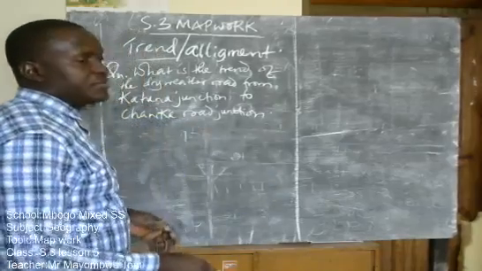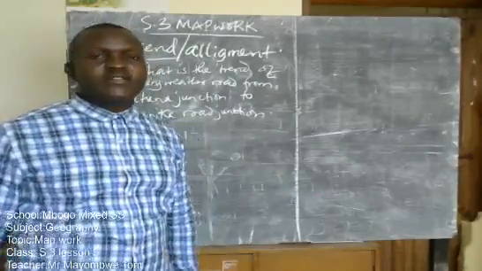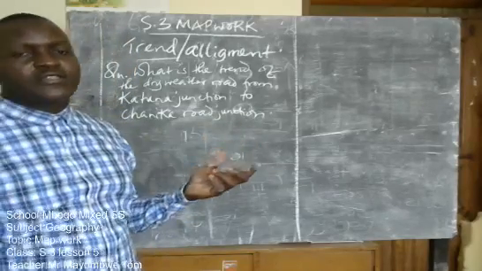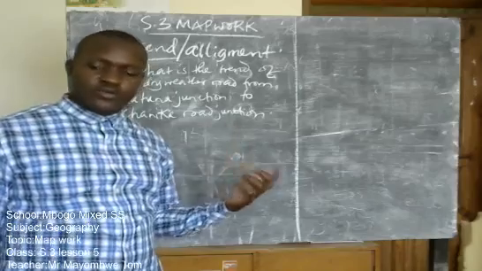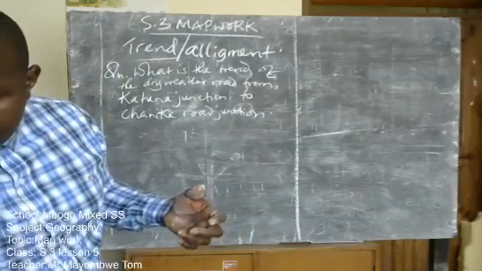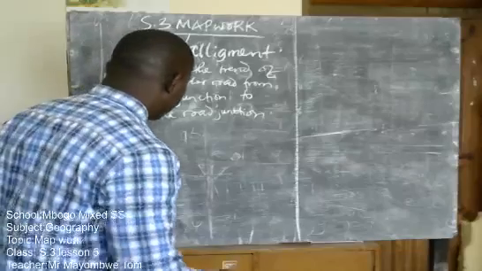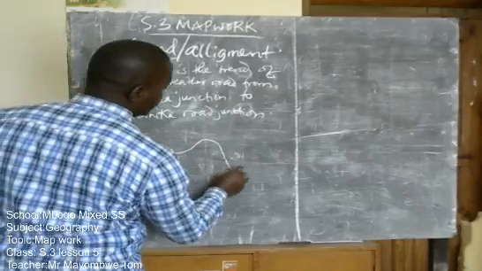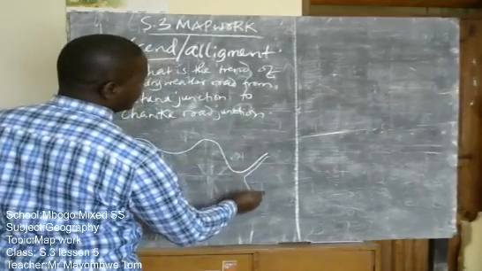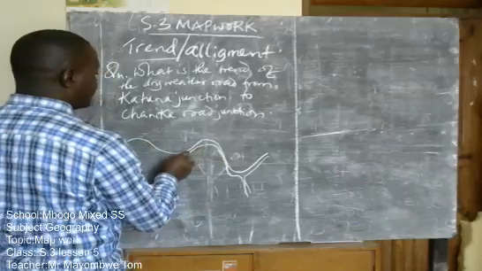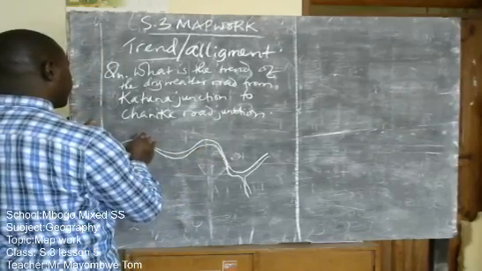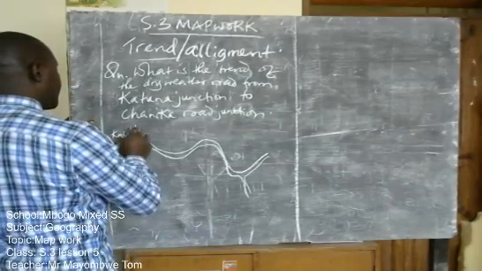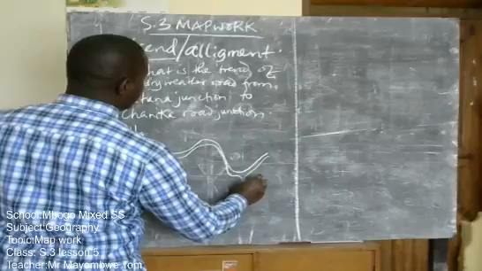So when it comes to trend, you go on the map extract and first identify these two places. In our question here, we have Katuna Road Junction and Chanika Road Junction. So, assuming this is our dry weather road, assuming this is Katuna, assuming this is Chanika.